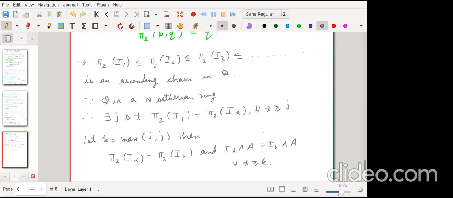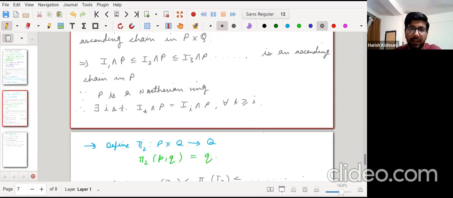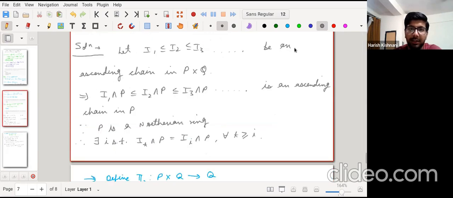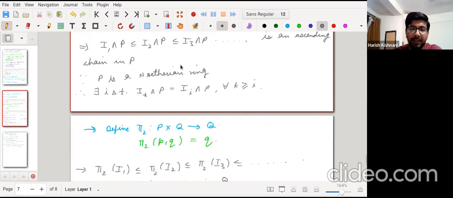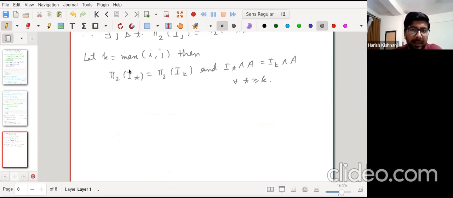Okay then. Now we will go back to this I1 I3 chain again. So our claim is that after this K, IK is stabilized. Let's see how we can do that.